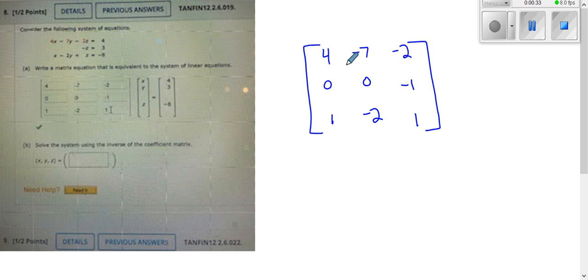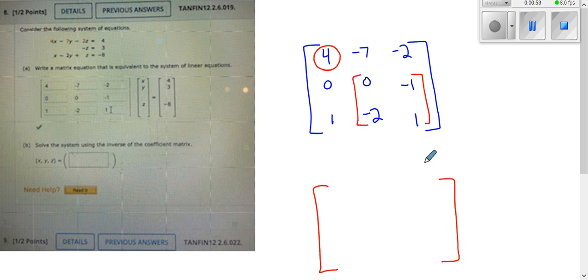So the first part of this is, if I want to know the new number that goes right here, I'm going to come up with a new matrix. This is going to be the coefficient matrix. The new number here would be found using this right here.